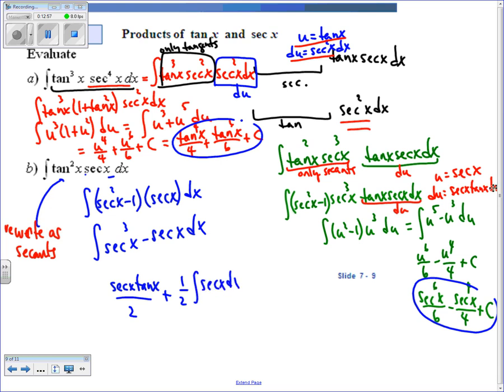But I also have right here a minus an integral of secant. Actually, I don't have to do it twice. So these two would combine to be just minus 1/2 of the integral of secant.